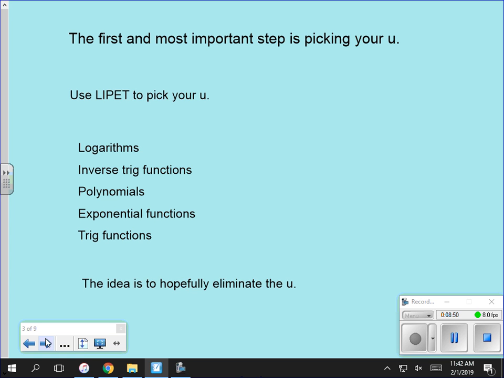The inverse trig function is gone. You have some goofy polynomial to deal with instead, but the inverse trig function is gone. And if you take the derivative of a polynomial, all polynomials will eventually become 0 when you take derivatives. You may have to do it more than once, but they will become 0. They get simplified every single time. Exponentials and trigs don't, but those are kind of goofy if you have those in there. But that's the idea behind them: you want to eliminate it. You want to get rid of it if you can.